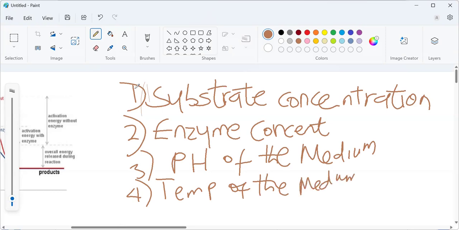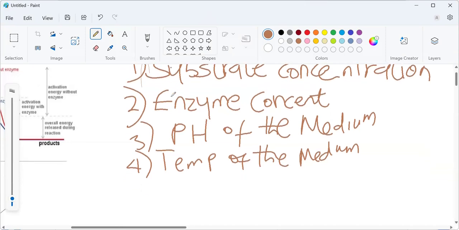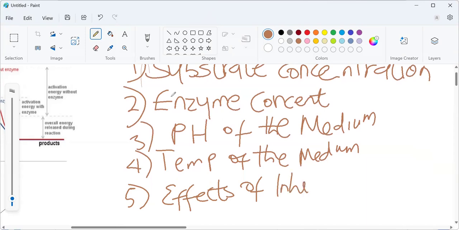And we have the effects of inhibitors on enzyme activity. For example, you have competitive inhibition and maybe non-competitive inhibition.